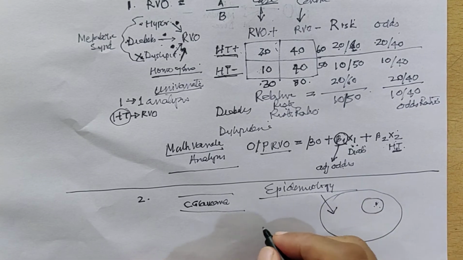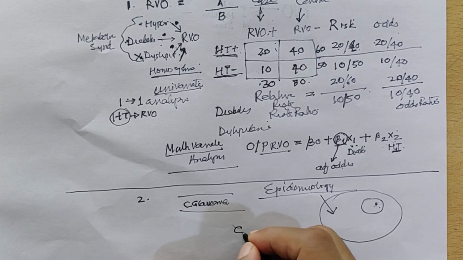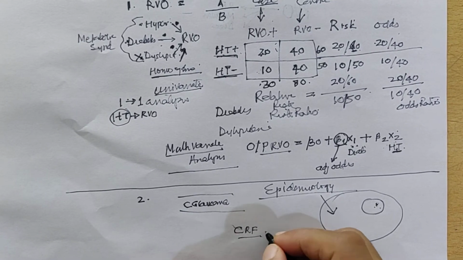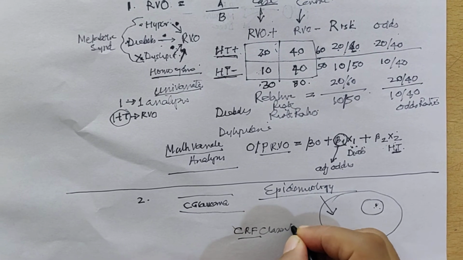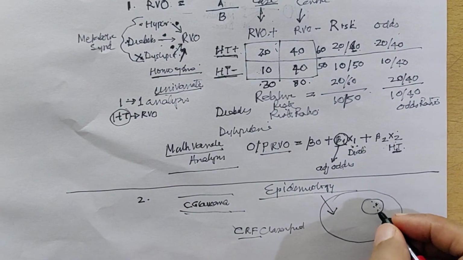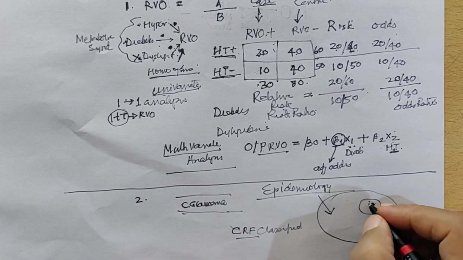And here what you are trying to say is that you would find out the CRF classification of patients of glaucoma reporting to the Sitapur Eye Hospital.